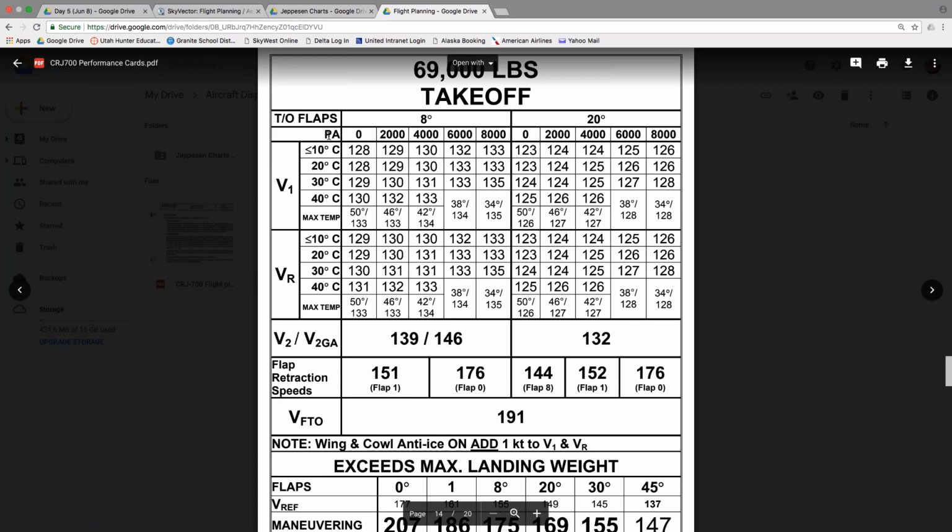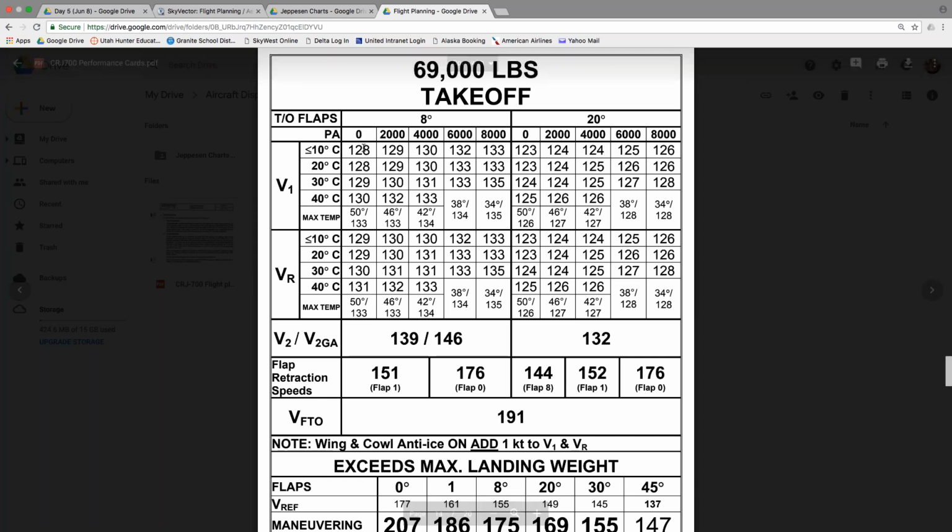Our pressure altitude, we're not actually going to go figure out. We're just going to use the altitude of the airport, the elevation of the airport. So 0. Our outside air temperature. Where's this, in the product charts? Yeah, so this is the one with the airplane on the front.